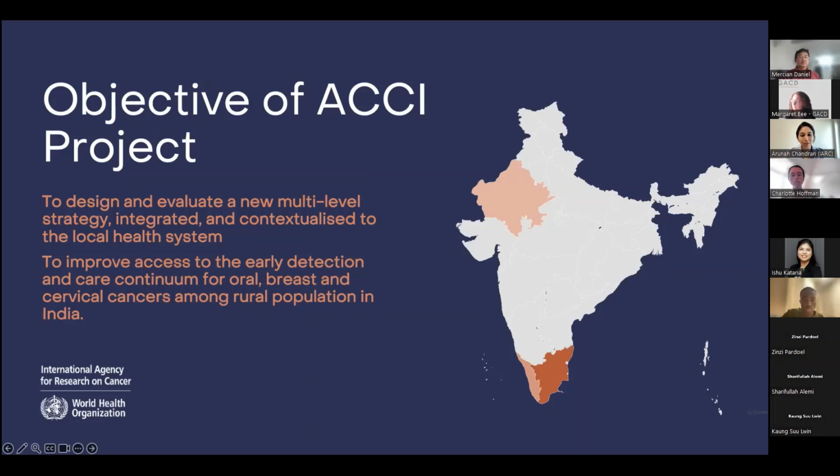We're hoping to dissect critical issues and barriers, whether political, socioeconomic, or logistical, which will eventually, we hope, support national scale up and inform other comparable states or regions globally. Like I mentioned, the intervention targets 3 site-specific cancers: oral, cervical, and breast.